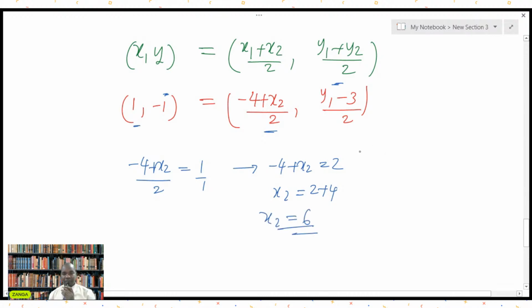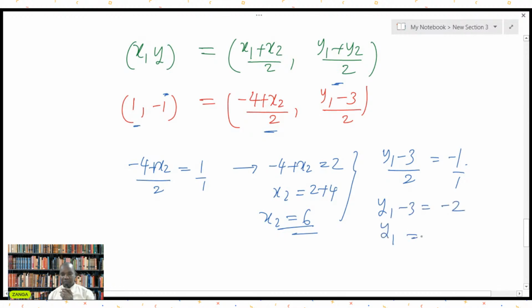We'll do the same with y values. So with y values, you have y1 minus 3 over 2 equals negative 1, sorry. So you'll be cross multiplying so that you have y1 minus 3 equals negative 2.